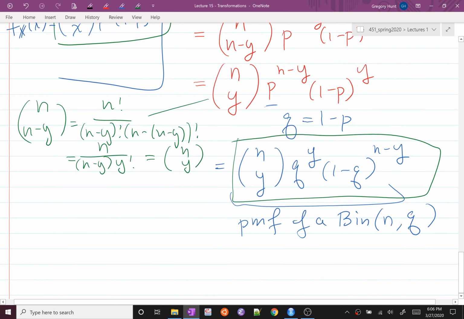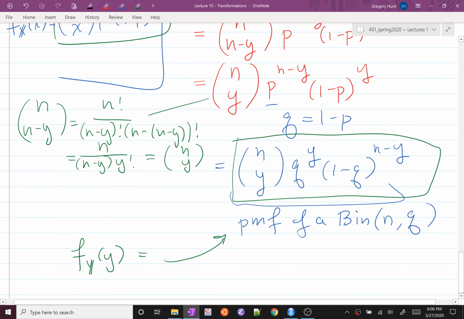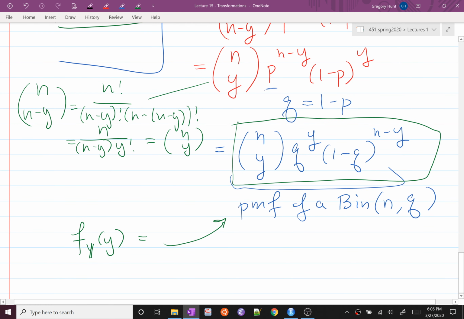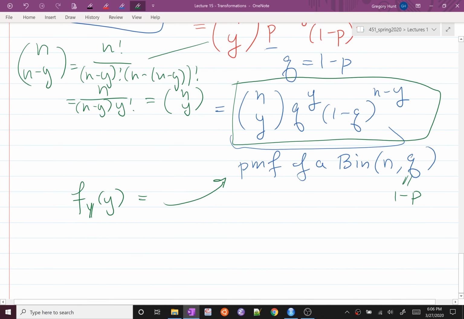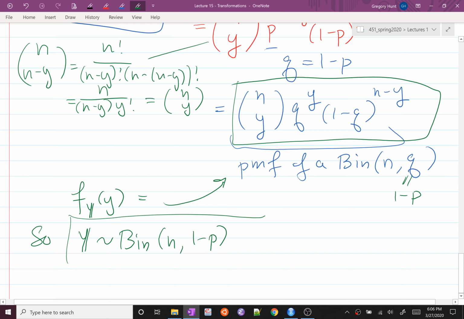And so what we've shown is that f_Y of y is the PMF of a binomial n, 1 minus p, where q is equal to 1 minus p. So altogether this shows that Y has a binomial n, 1 minus p, or q, whatever you want to call it, distribution. And that's it. That's a nice little application of our formula.